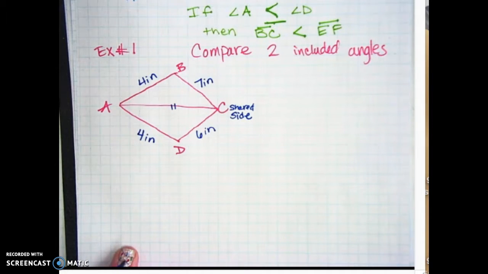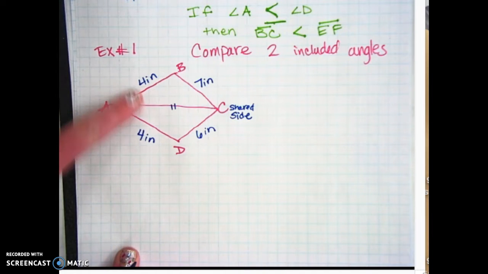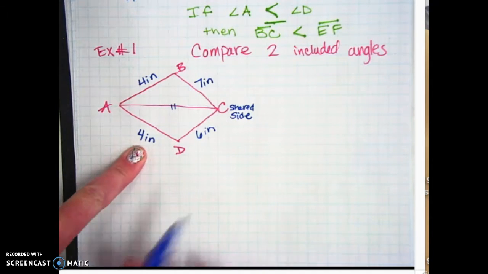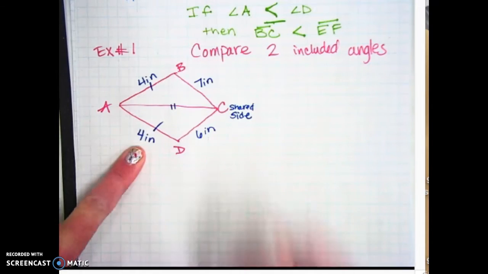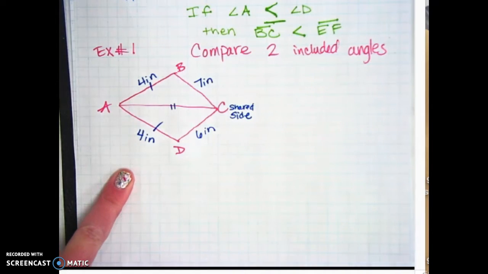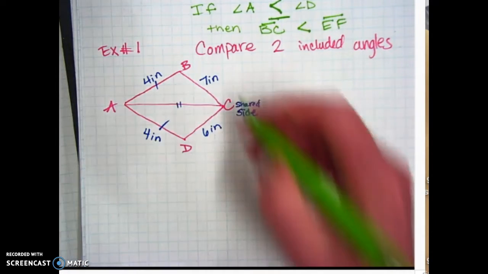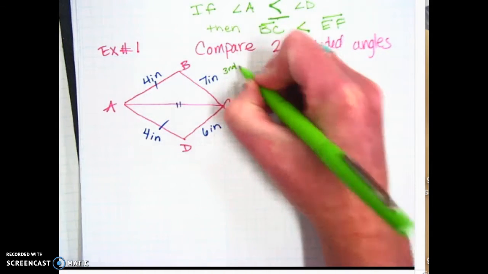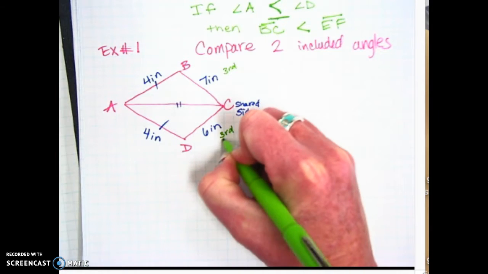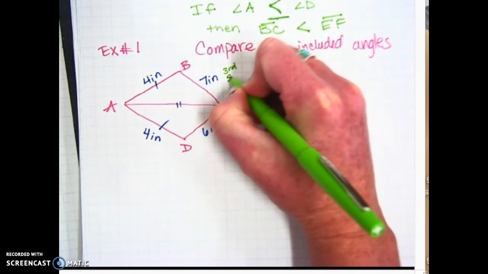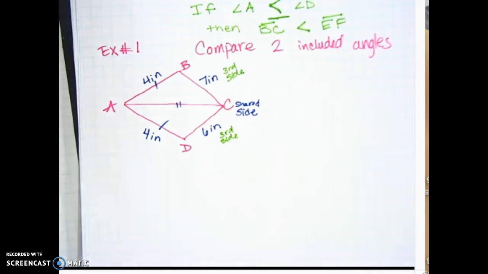Do we have another pair of congruent sides? Yes, we do. Everybody see the 4 inches and the 4 inches? So we're going to put a single tick on each. That leaves this third side and this third side to help us do our comparison.